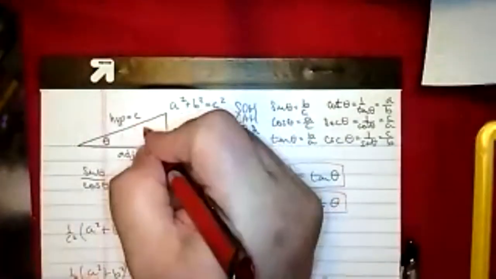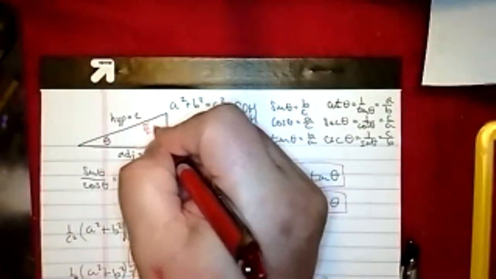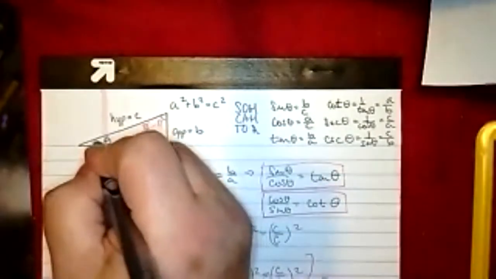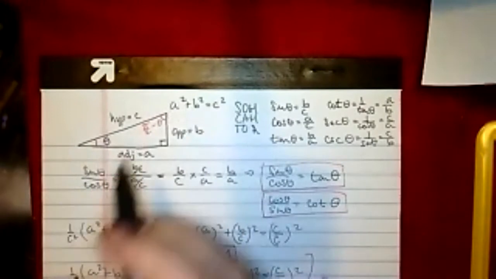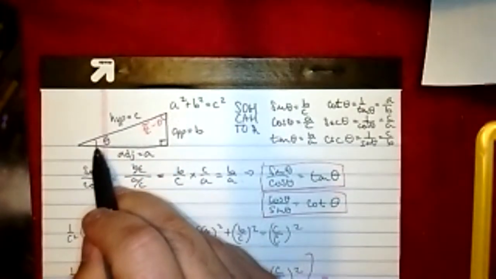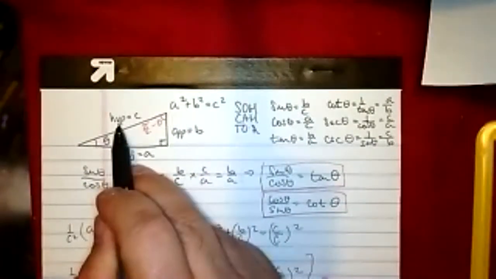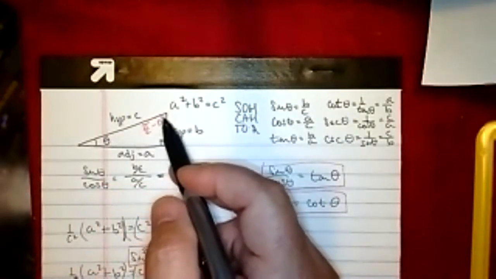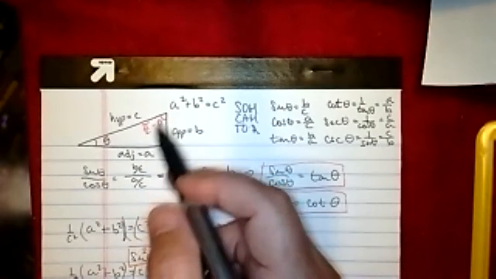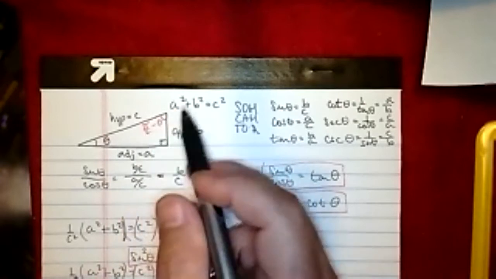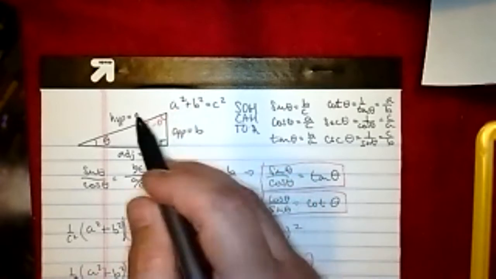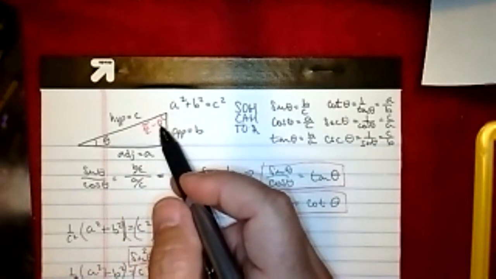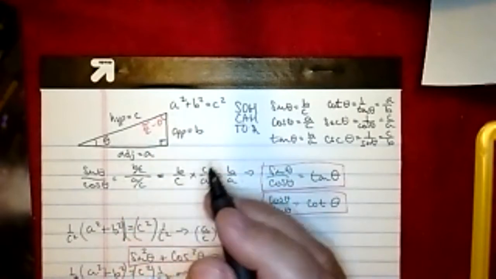So I could say this angle up here is pi over 2 minus theta, whereas this angle was just plain theta. Well, we see that the sine of theta is opposite over hypotenuse, but the cosine of this angle right here is adjacent over hypotenuse, which is the same thing as the sine.